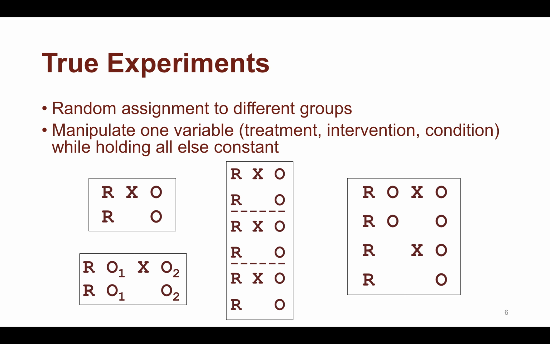So sometimes, if it's like an academic test or an intelligence test, or even if it's a physical test where you might get better at the task that you're doing by taking it repeated times, you might design a study this way just to test whether having a pre-test actually affected the outcome of the study. And if so, that would be problematic, but at least you would know if you designed the study this way.